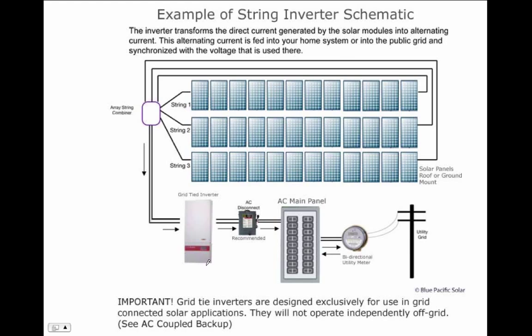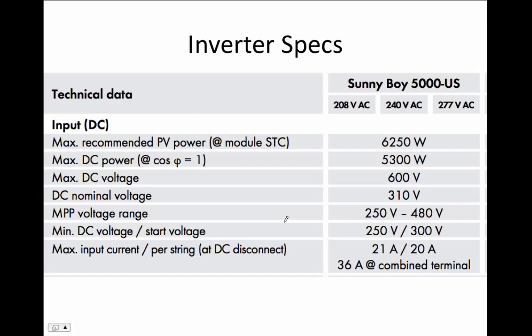And again, the inverter has to be able to handle the ultimate amount of power that's coming out of the strings of solar panels. Those strings are all brought together at one place, and then the wire runs to the inverter from the solar panels, and the wire runs to the inverter from the power company, and you're in business. So let's take a look at it in a little more detail.